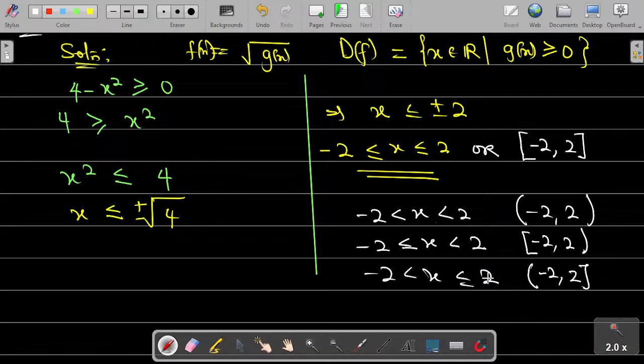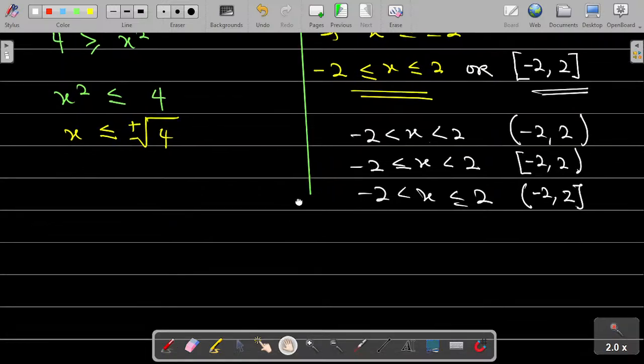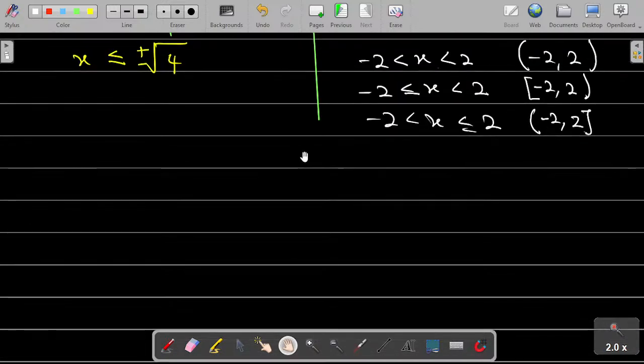Okay, so that's how we represent inequalities using intervals. So this is my answer, and it can also be of this form, and that's the solution to number 3. Okay, so let's go over to the fourth one.